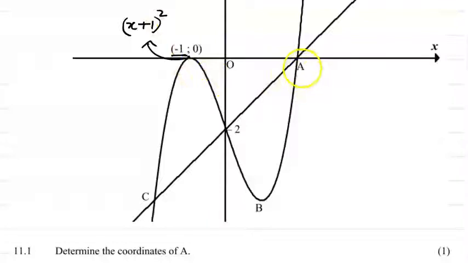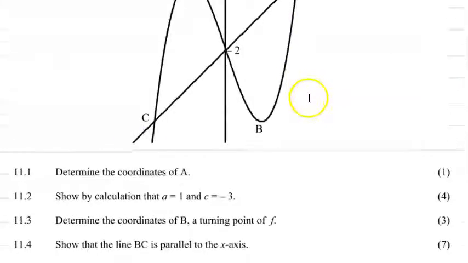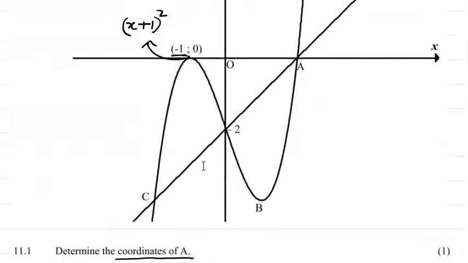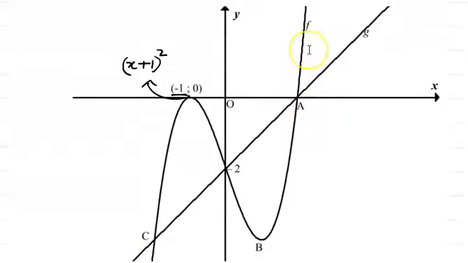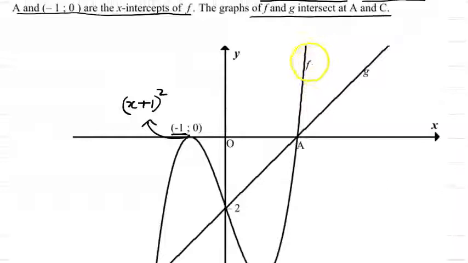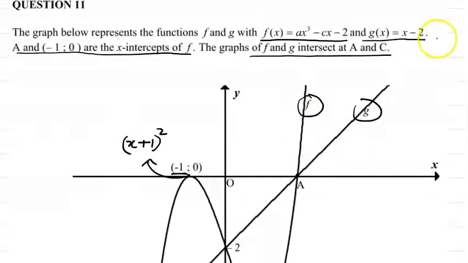Now we also got A is an x-intercept as well, and as we can see here in the first question, it says determine the coordinates of A. Now remember, A is an x-intercept. It's an x-intercept of the function f, as you can see, the function f and function g both intersect at point A. But we are given that g of x equals x minus 2.